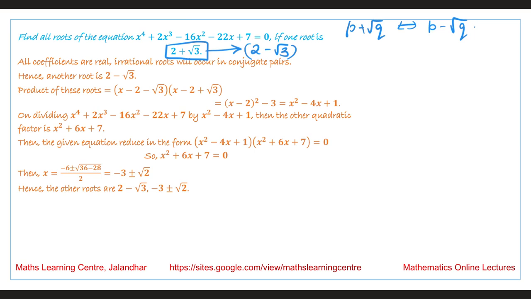So these are the two factors of this equation, x minus 2 plus root 3 and x minus 2 minus root 3.